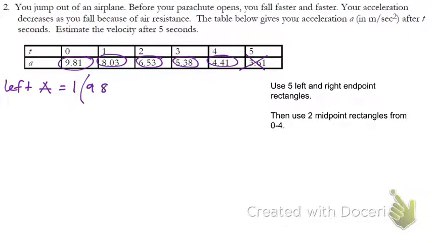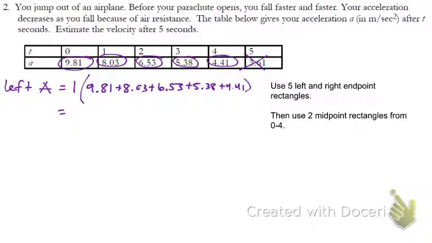So 9.81 plus 8.03 plus 6.53 plus 5.38 plus 4.41. If I add all those up and multiply by 1, I get out my calculator, 9.81 plus 8.03 plus 6.53 plus 5.38 plus 4.41.